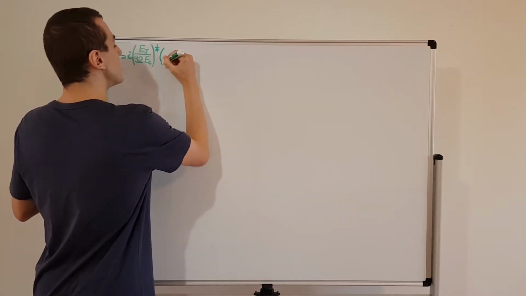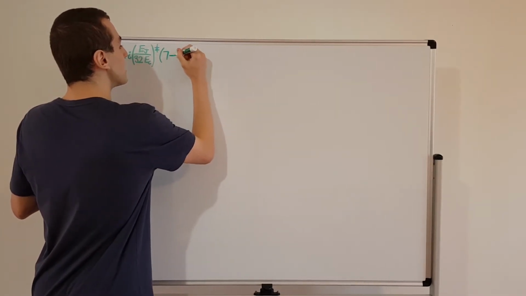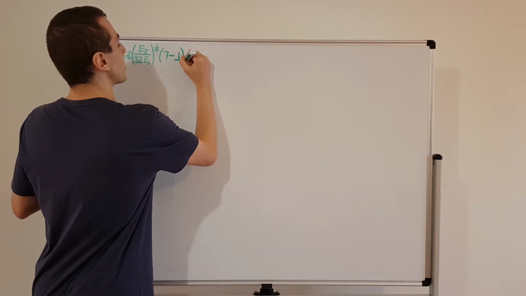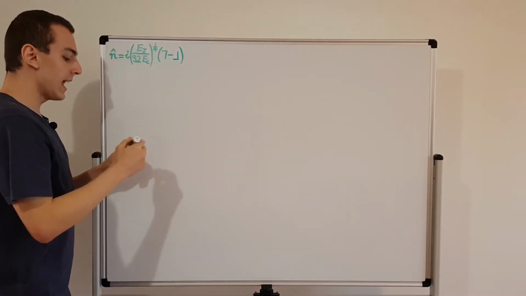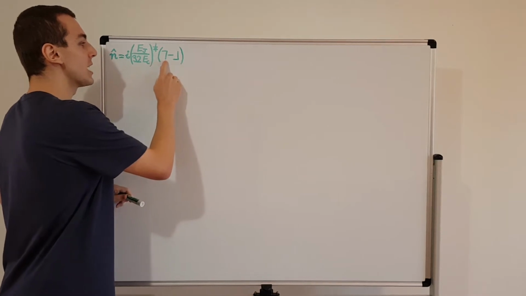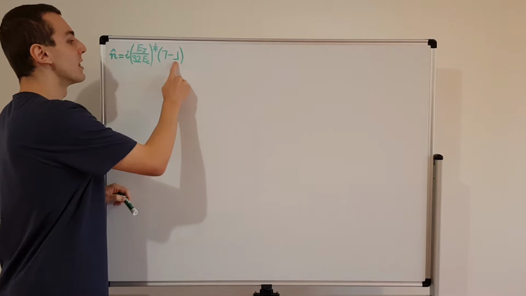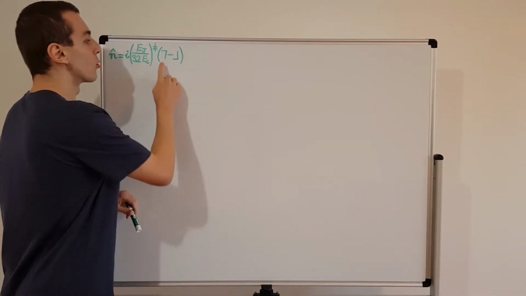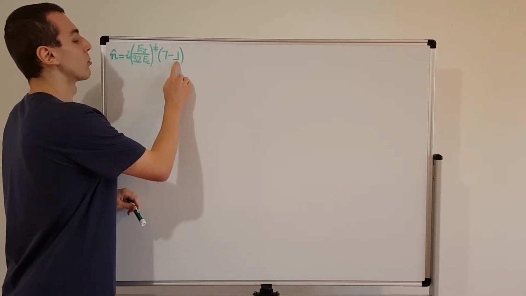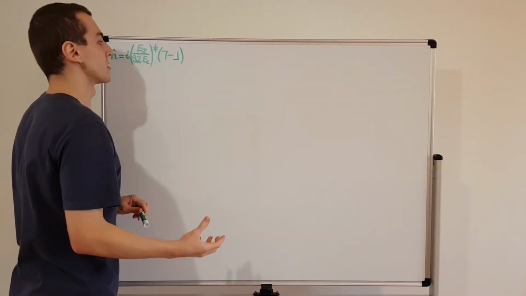And then we have the difference of the creation and annihilation operators. I'm using a shorthand notation for these operators. This is the creation operator, and this is the annihilation operator. Another name for these operators are the raising and lowering operators. Collectively, they are known as the ladder operators.